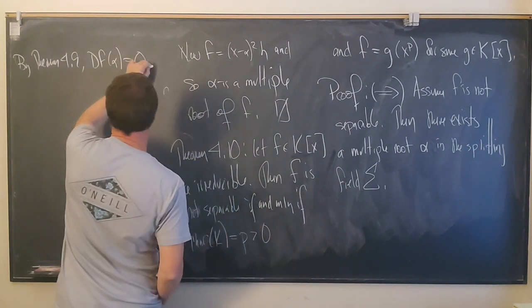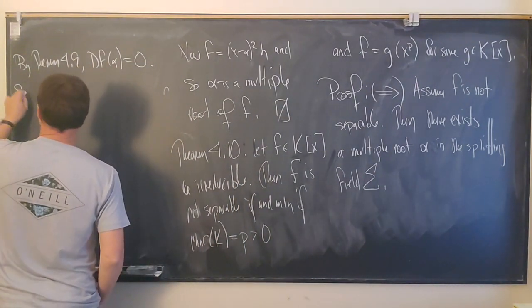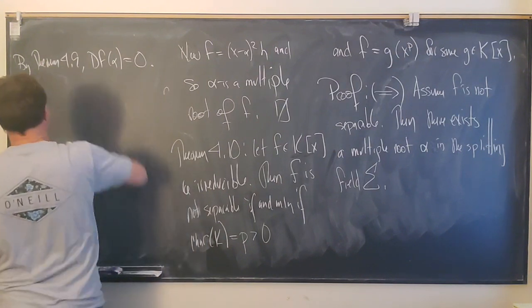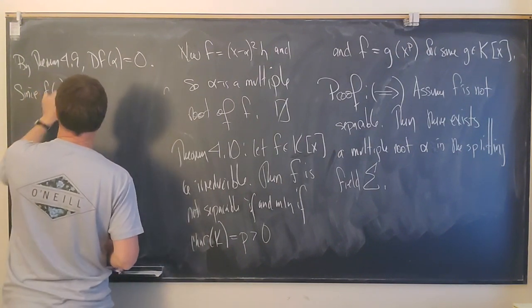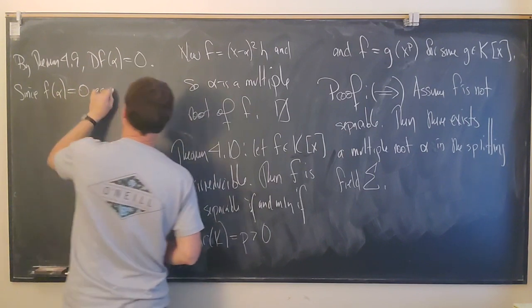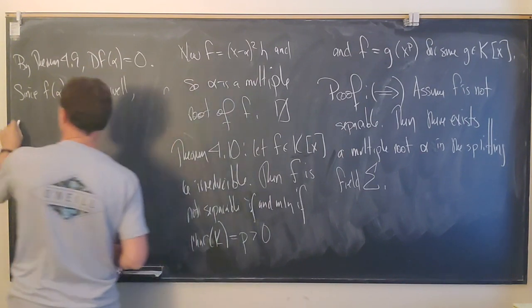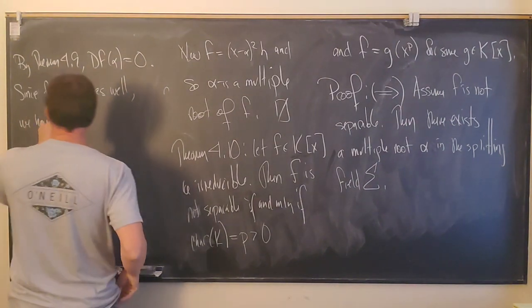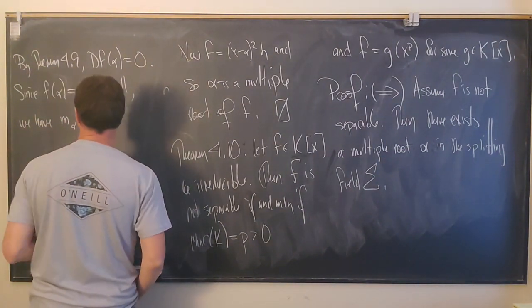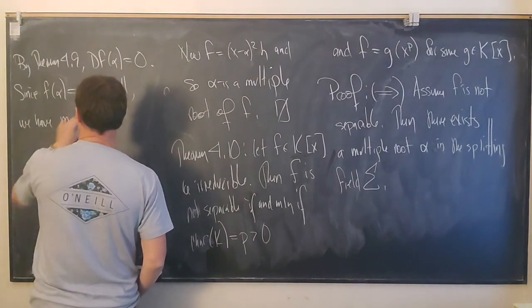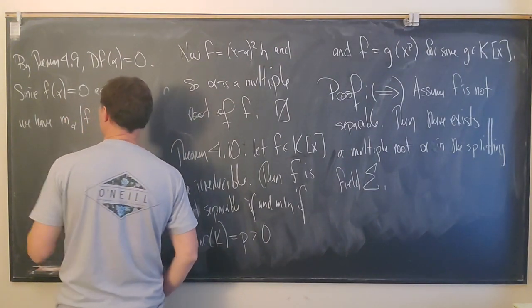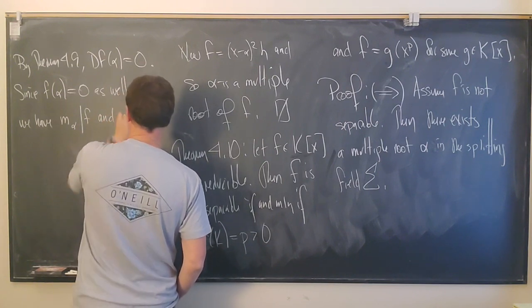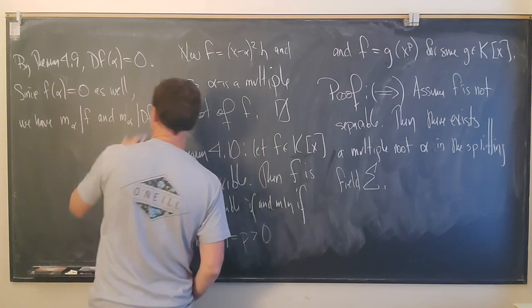Now, since f of alpha equals 0 as well, we have that the minimal polynomial has to divide f, and the minimal polynomial has to divide df.